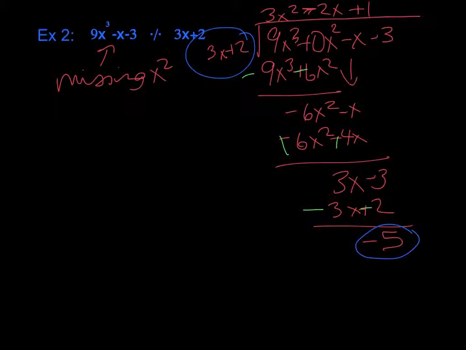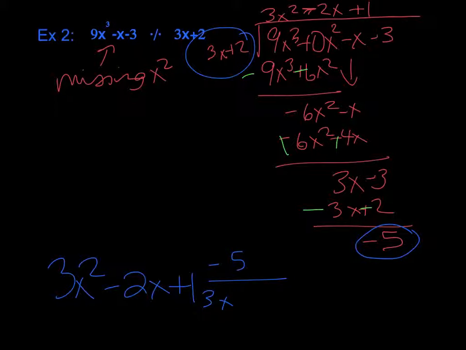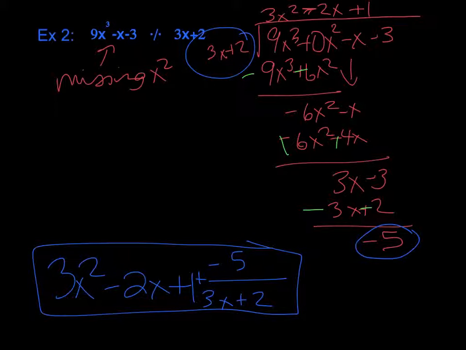So my answer is 3x squared minus 2x plus 1 minus 5 over 3x plus 2. Or you can put a plus and negative 5 in here, or a minus. It doesn't make a difference. It'll give you the same thing. Or you can just put that minus a 5 over the 3x plus 2.